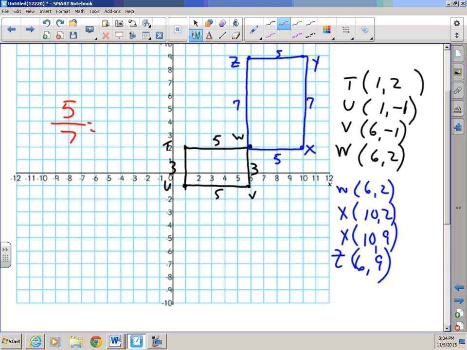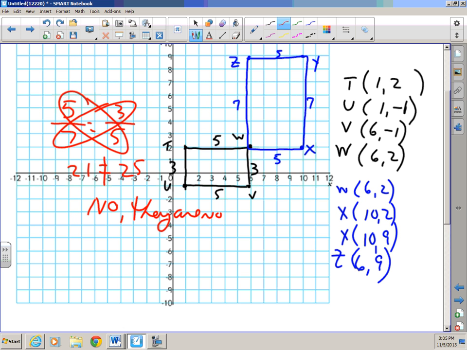Is that equal to 3 to 5? Well, how do you determine if a proportion is in fact correct here? You simply cross multiply. You get 21, which does not equal 25. So no, they are not similar. Okay?